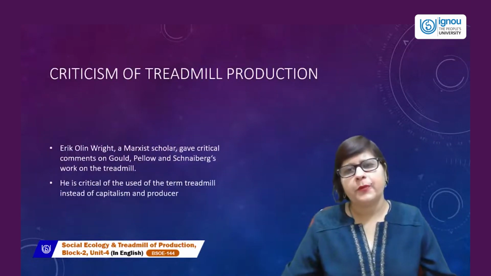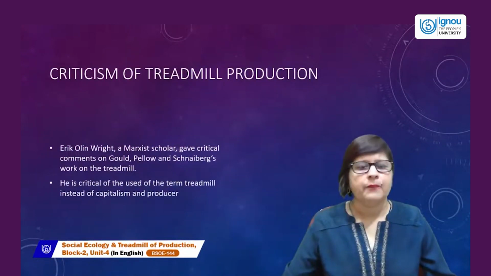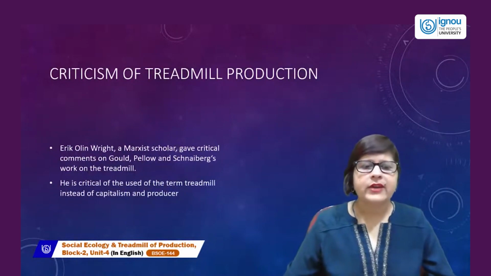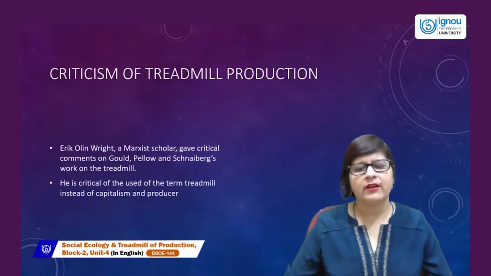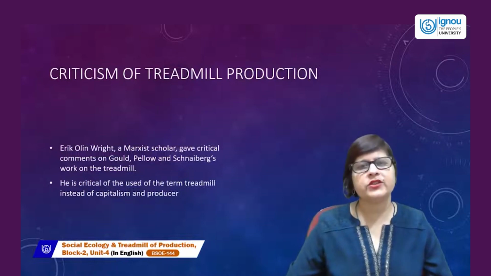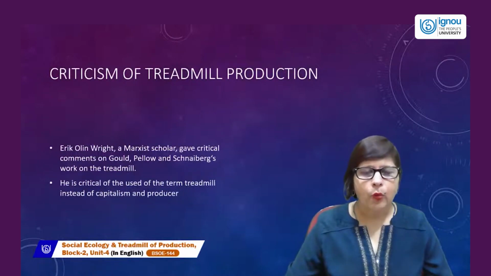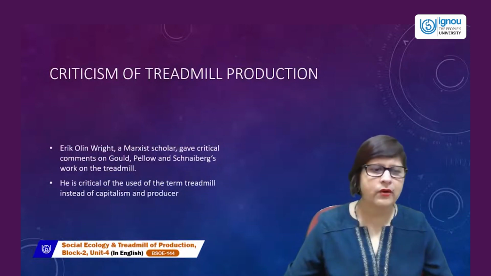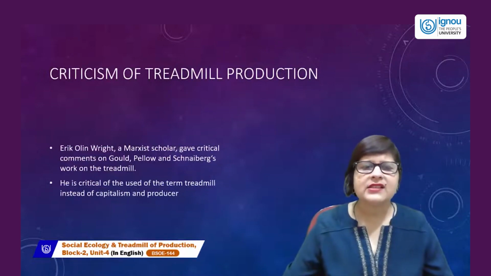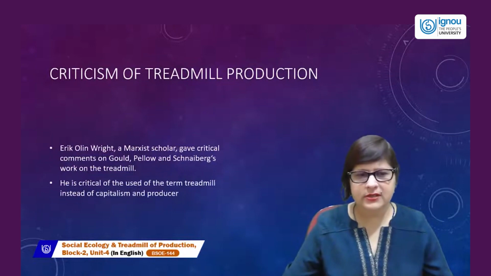Criticism of the treadmill of production. Erik Olin Wright, a Marxist scholar, gave critical comments on Gould and Schnaiberg's work on the treadmill. So, Olin Wright criticized the treadmill of production theory.